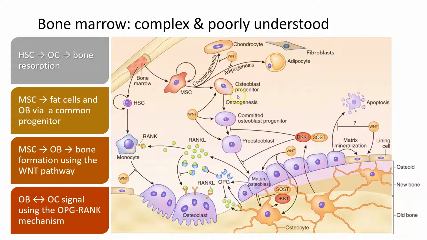The maturation of osteoblasts uses something called the Wnt pathway, and that eventually leads to osteoblasts. And remember, osteoblasts form bone. Osteoblasts mature into osteocytes and then eventually mature into the lining cells on the endosteal surface. And the last point to note is that osteoblasts and osteoclasts signal each other through a mechanism using OPG and RANK.